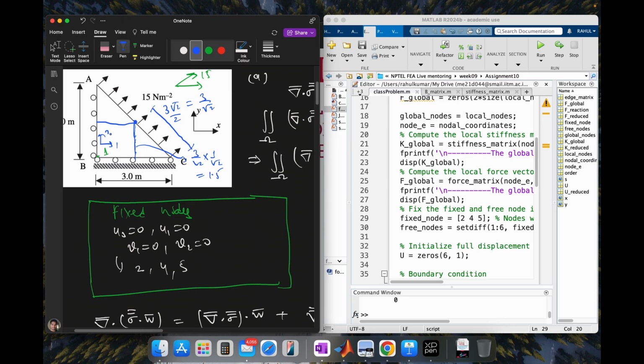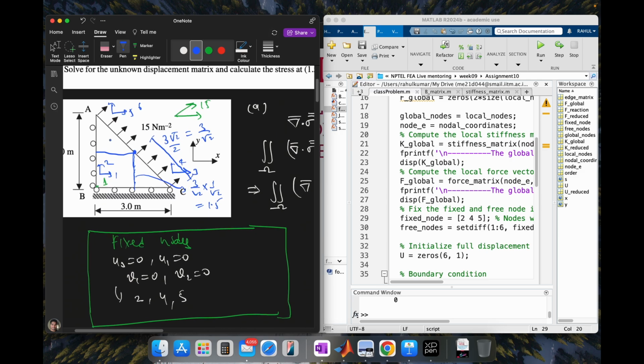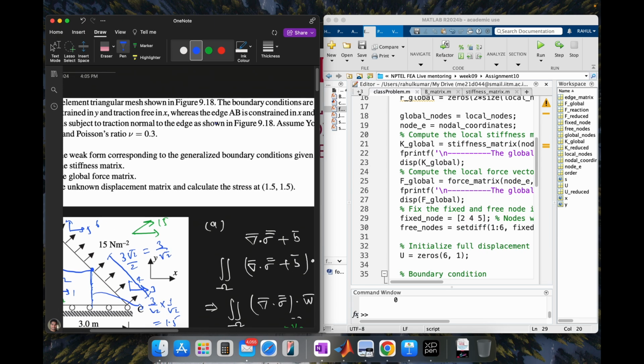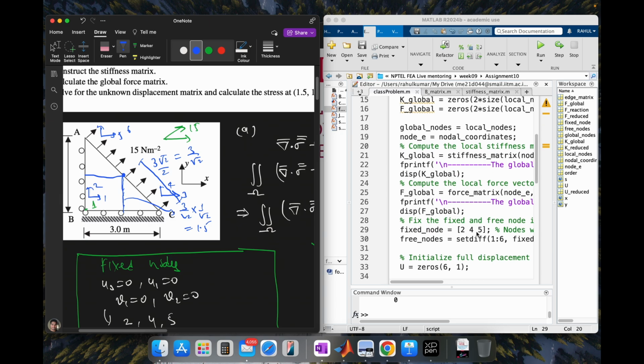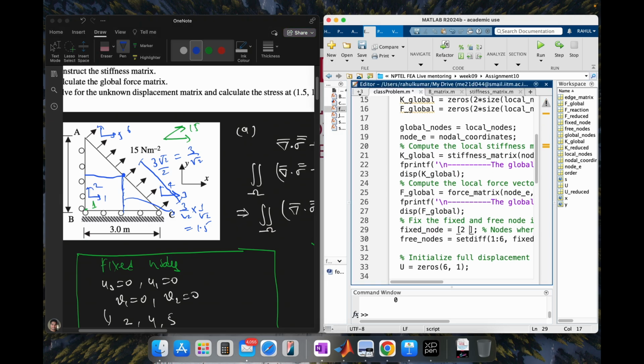Because if I see like this, 1, 2 and this is 3, 4 and this is 5 and 6, then it is saying that this face AB is constrained to move in x, which means that 1 and 6 will be constrained, so the fixed nodes will be 1 and 6.